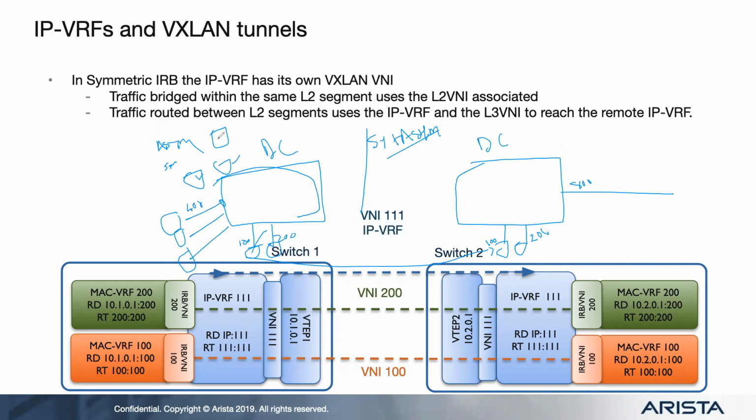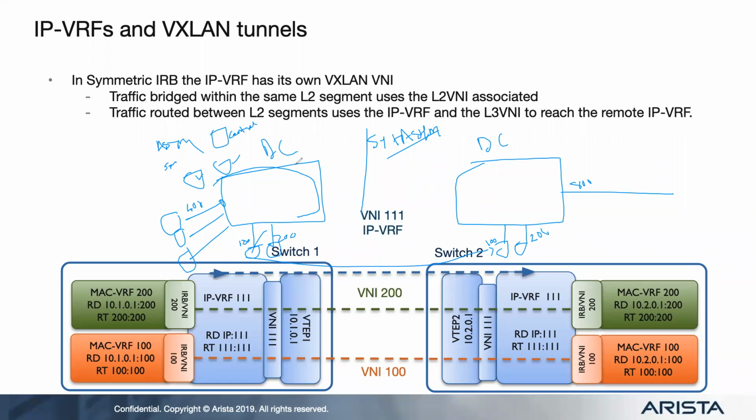Or maybe everything is asymmetric and just the border leaf is symmetric. Yeah, they can do mix and match. But that's right, between two different DCs it is possible that they are running symmetric.